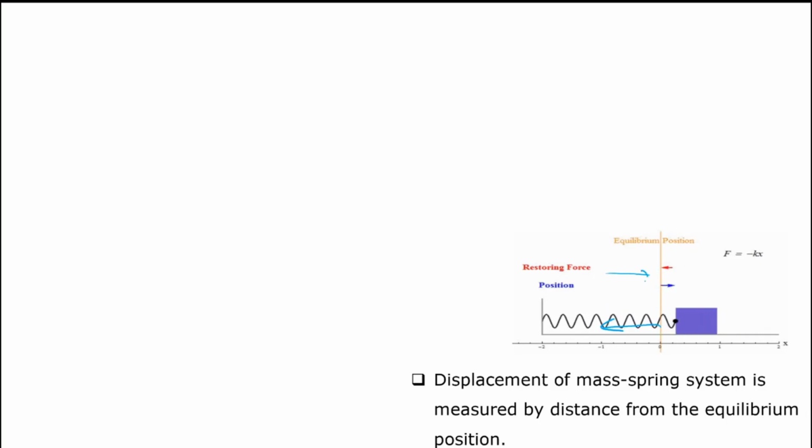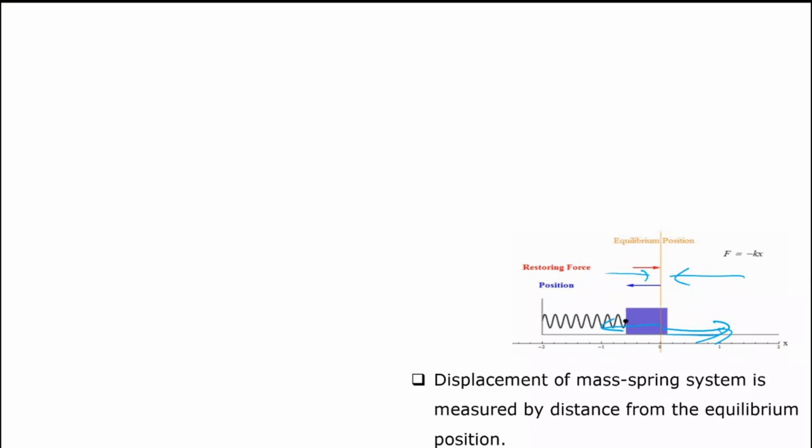If displacement is like this, the direction of restoring force must be opposite. That is, restoring force must be in the opposite direction of the displacement first. Second, it must be proportional to the displacement. That is, as the mass displaces away from the equilibrium position, the restoring force magnitude must also proportionally increase.